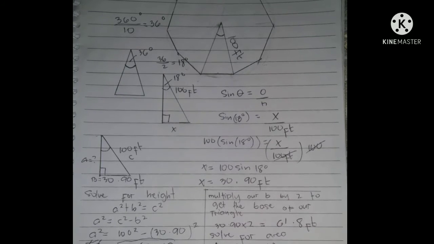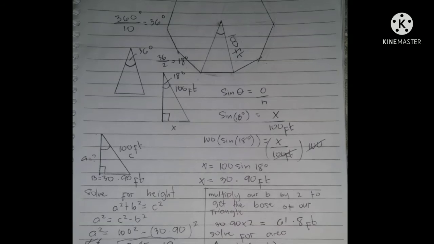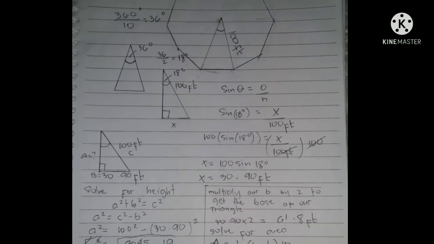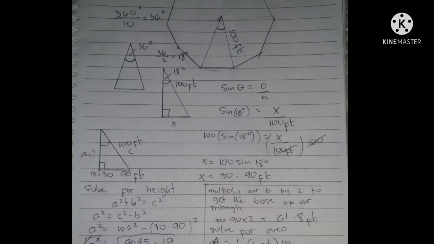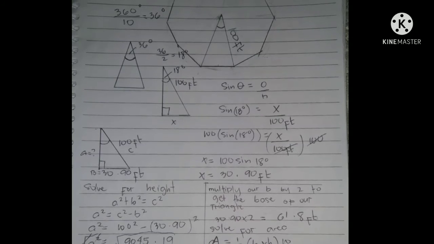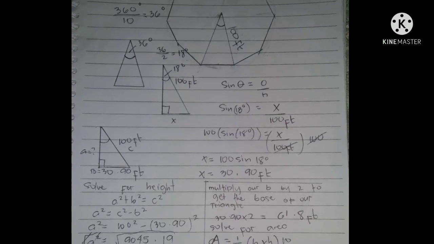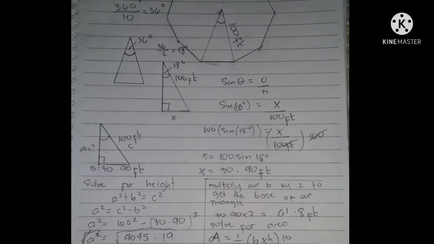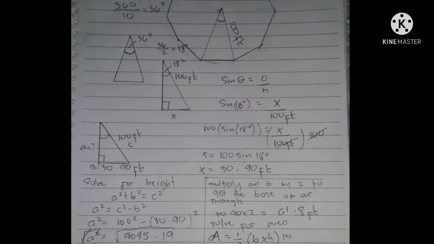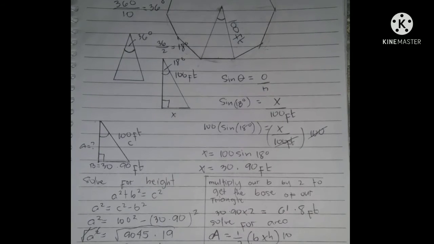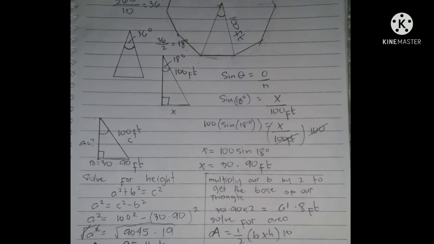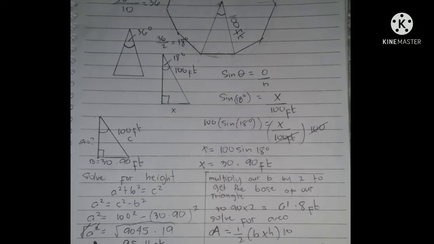So now we have here a right triangle. Since we have a right triangle, we can do the same process just like what we did in our pentagon, but change it a little bit. I'm going to first find our opposite. I'm going to use again the formula sin theta equals opposite over hypotenuse. So sine 18 degrees is equal to x, which is our opposite because it is unknown, over 100 feet.